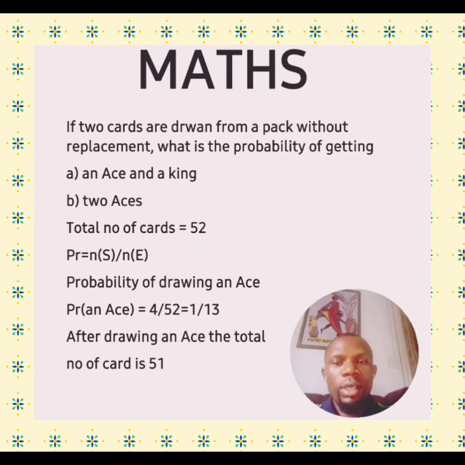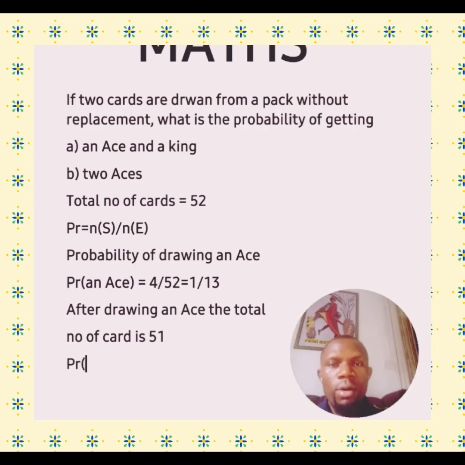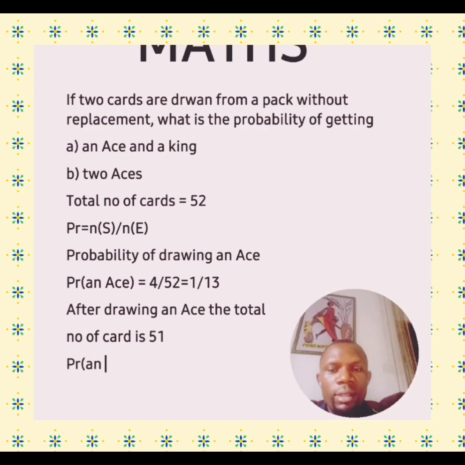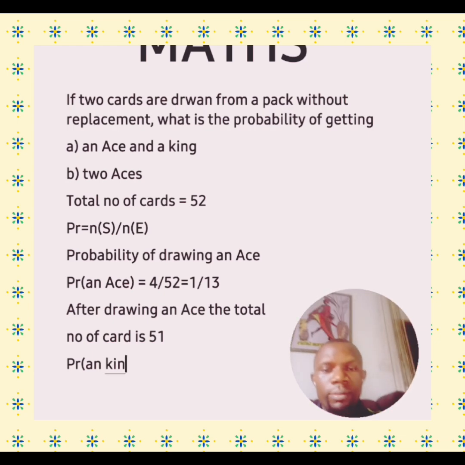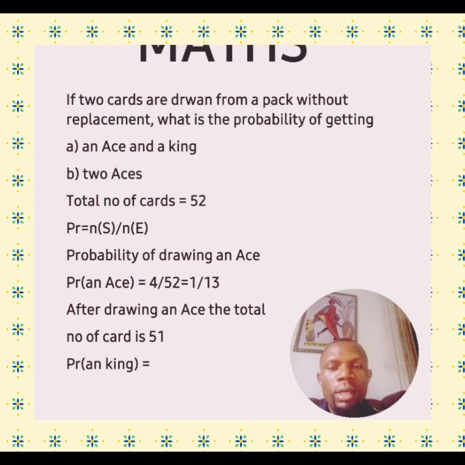So my probability of drawing a king will be, the same thing applies to the king: a king has 4 cards in it, so it will be 4 divided by the total number of possible outcomes, which will now be 51.